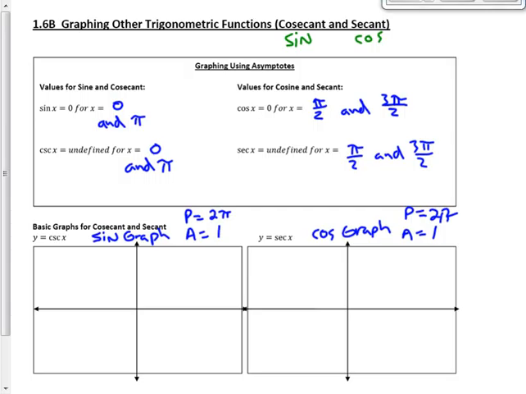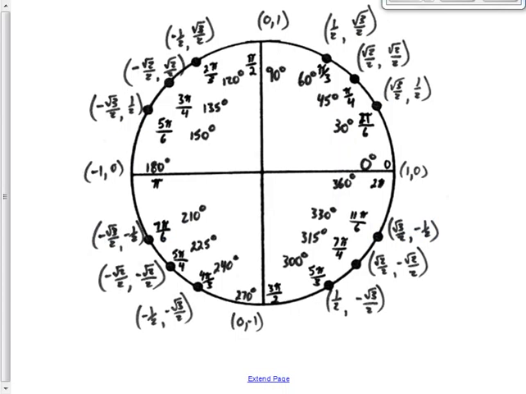The first thing is when sine of x is equal to 0, and that's when x is 0 and pi. So when I go to the unit circle here, my sine value here is 0. Same thing over here, my sine of x is equal to 0.